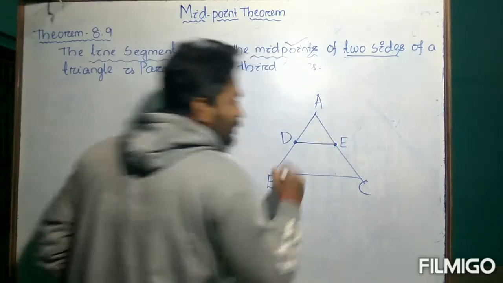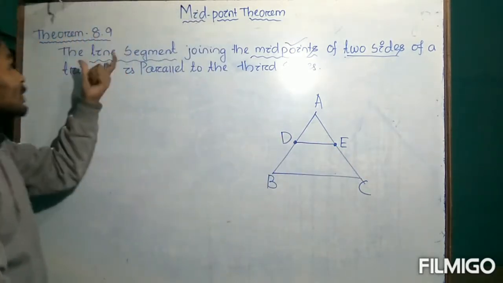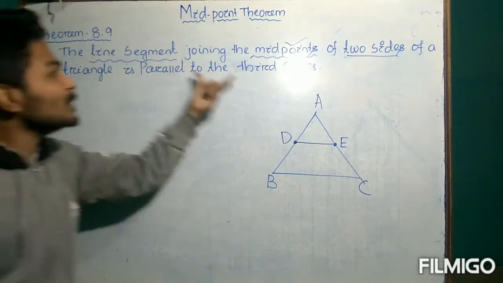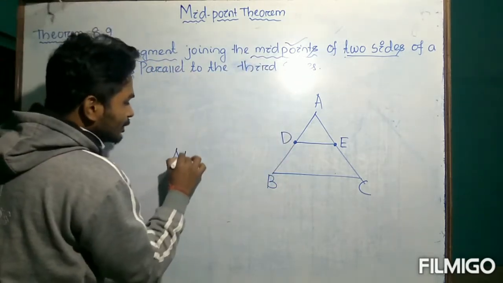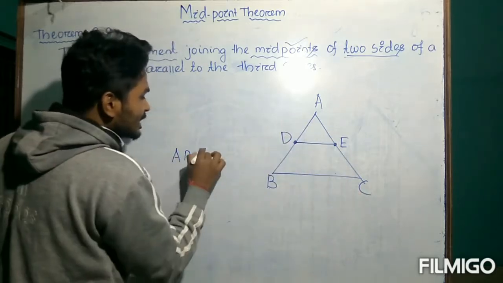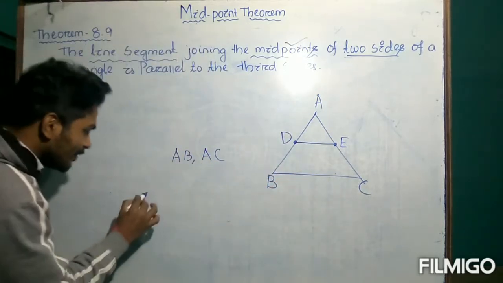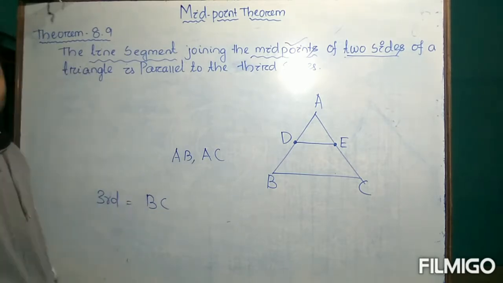We join the two midpoints so that we will get line segment DE. Now this line segment is parallel to the third side. If we are considering AB side and AC side, then which one is the third side? BC side. Definitely BC side is the third side.